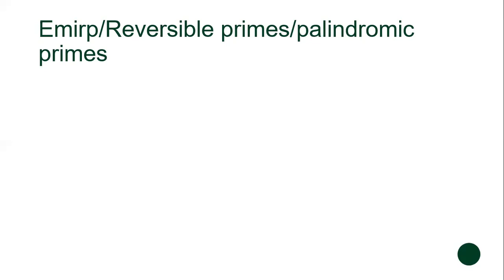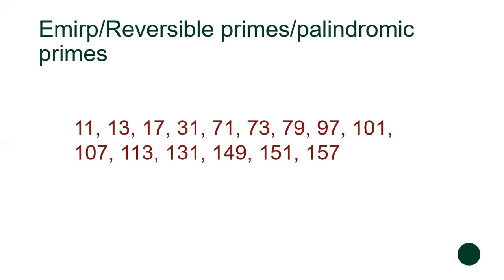So examples: 11, 13, 17, 31, 71, 73, 79, 97, 101, 107, 113, 131, 149, 151, and finally 157, these are EMIRPs or reversible primes.